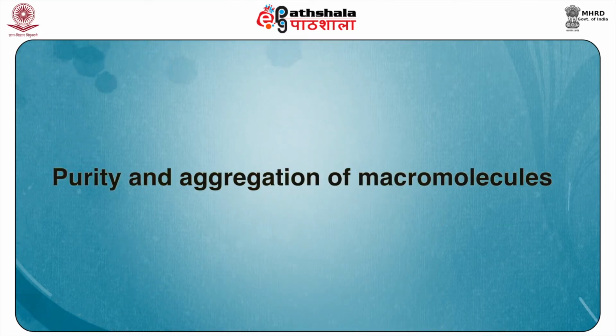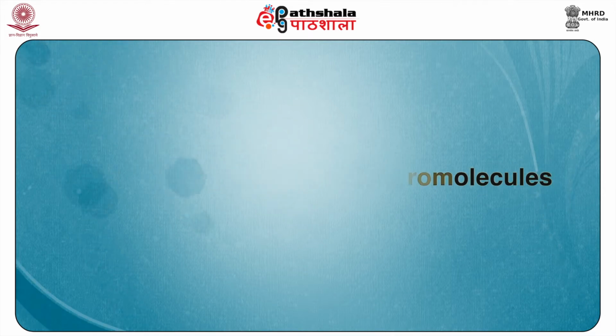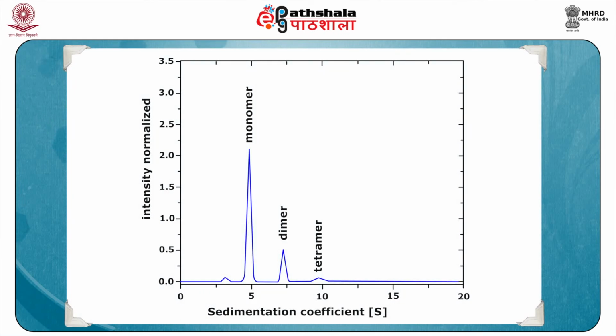One of the applications of sedimentation analysis is to determine the purity as well as study the aggregation of macromolecules. During sedimentation, macromolecules are displaced away from the solvent meniscus as a sharp band if they are homogeneous.